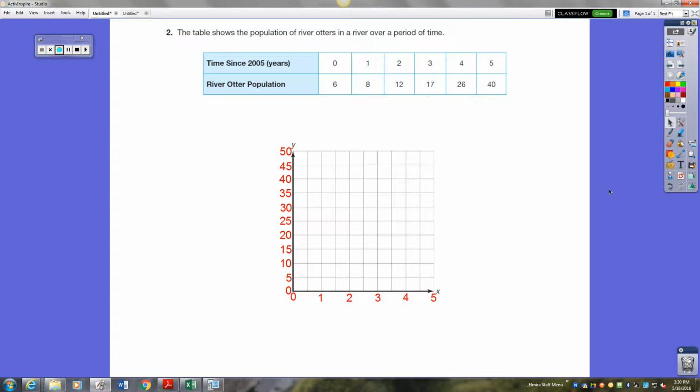Here's our first step: we're going to make a scatter plot. Do not connect the dots. Scatter plots mean that you do not connect the dots.